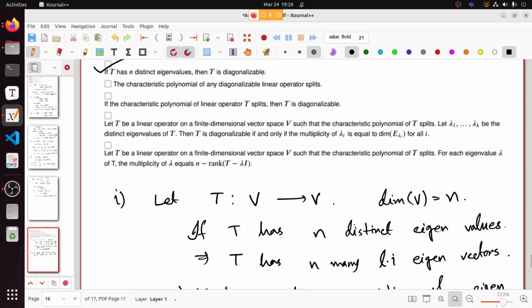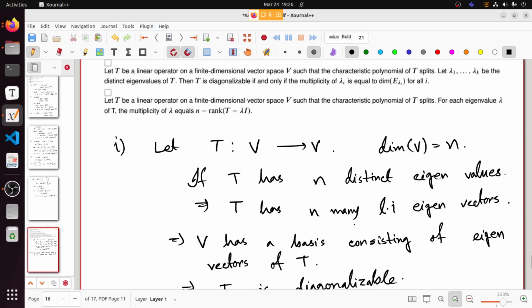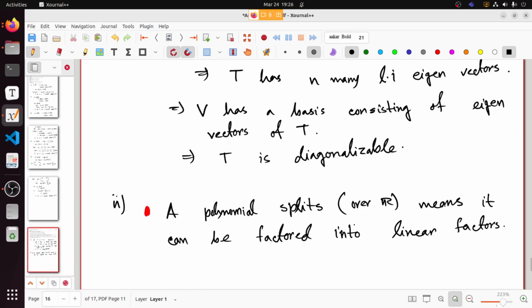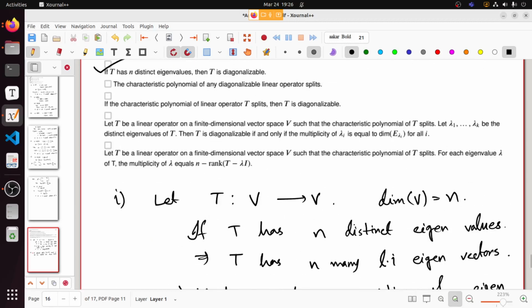So it's saying that the characteristic polynomial of any diagonalizable linear operator splits. So we'll prove this. If T is diagonalizable, then its characteristic polynomial splits.